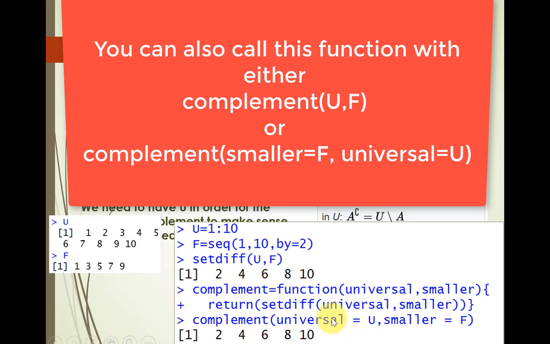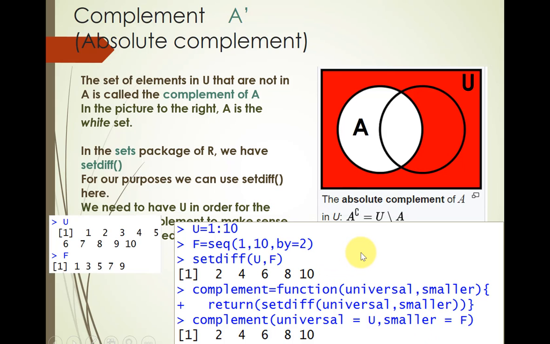I could have just written complement U, comma, F. That would be okay, but in that case you have to put them in order. But if you use the names, you don't have to put them in order. Okay, so that is the complement of A.